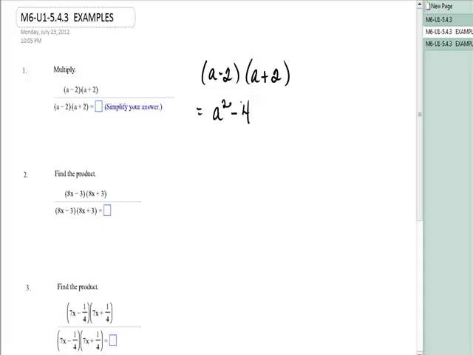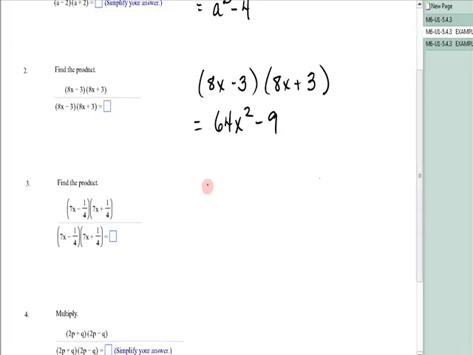All right, next one. I have 8x minus 3 times 8x plus 3. Product of the first, 8x times 8x is 64x squared. I do see that there's sum and difference of the same quantity, so I won't worry about outers and inners. Product of the last is minus 9.